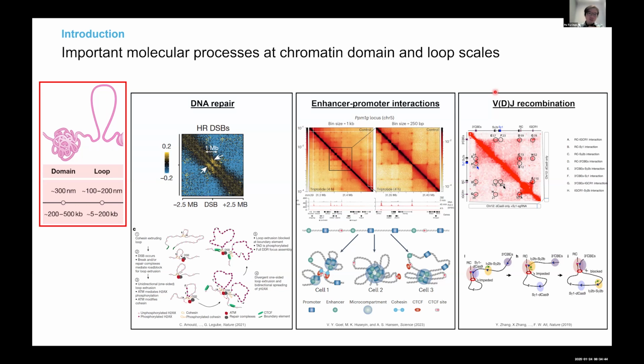For example, DNA repair has been a major topic of our research in the Ha lab. It has been shown to create loop structures at this megabase scale. Of course, enhancer-promoter interaction and gene activation, a very active topic for this community, also happen at this scale. It has also been shown that VDJ recombination in B cells happens at this scale.